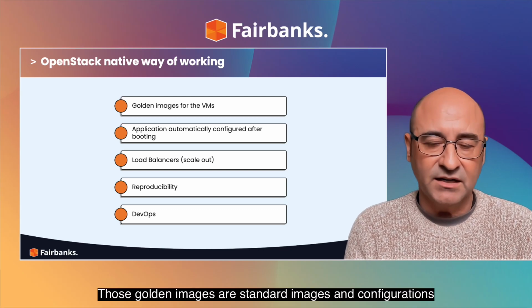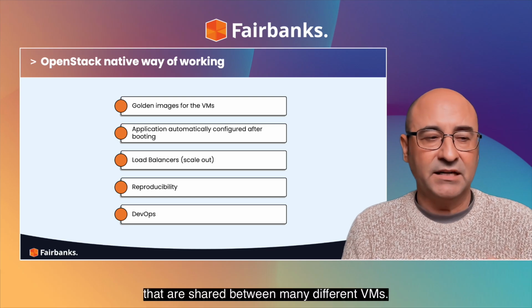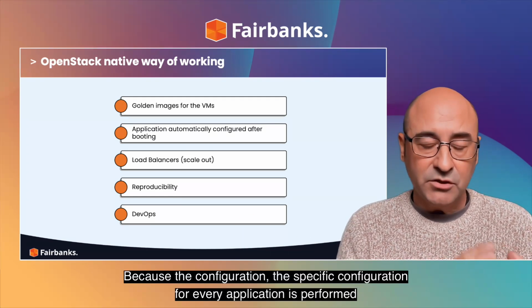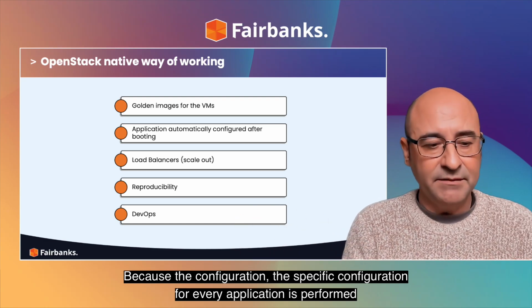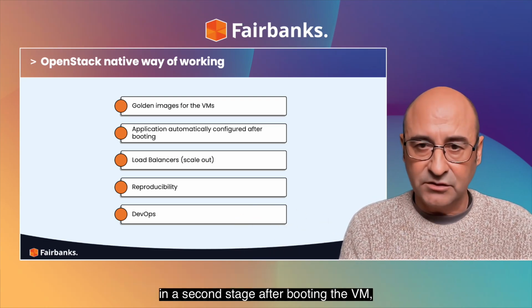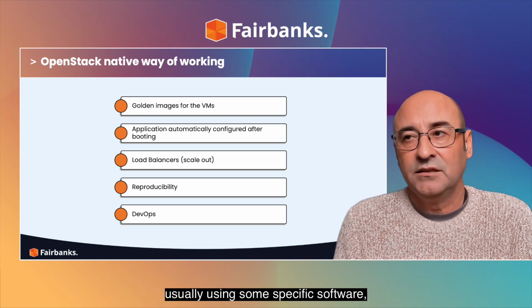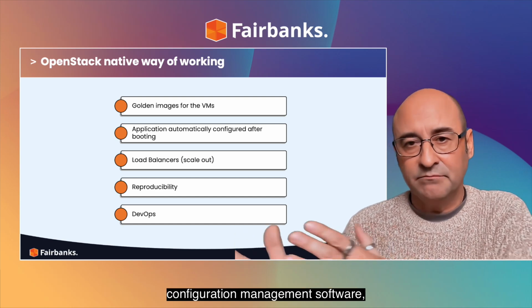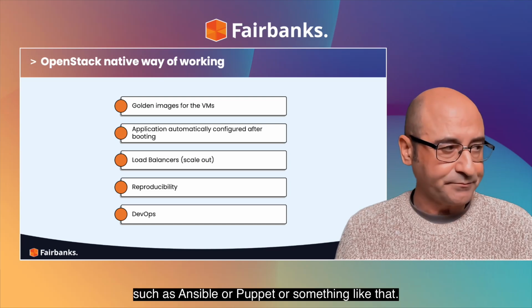Those golden images are standard, configured images that are shared between many different VMs, because the specific configuration for every application is performed in a second stage after booting the VM, usually using configuration management software such as Ansible or Puppet, something like that.